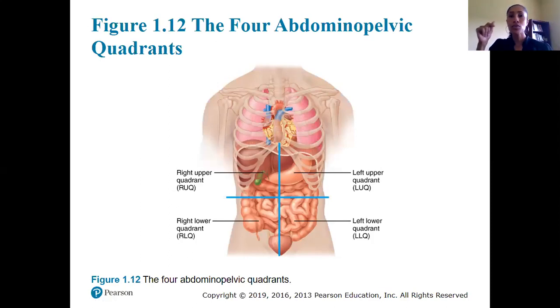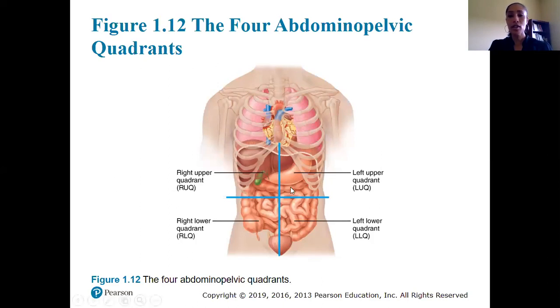And right away, you'll know these are the things that we need to do because these are the organs that are at risk due to this injury. So understanding the quadrants of the abdominopelvic area and the organs associated with it helps us to have a better understanding of how to know what organs are affected by the injuries that we can have.